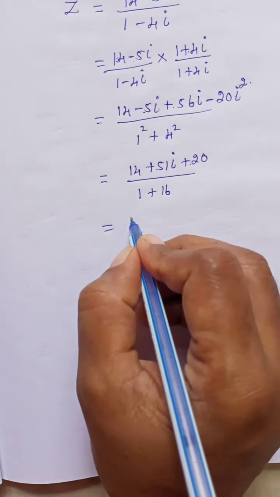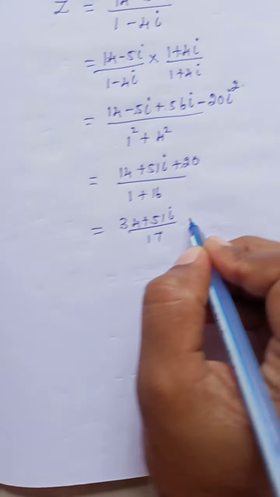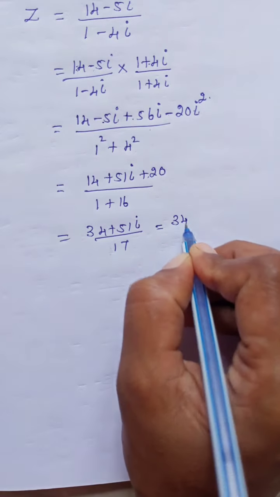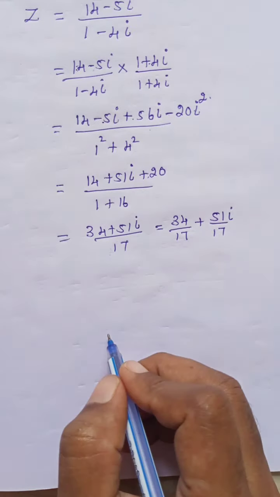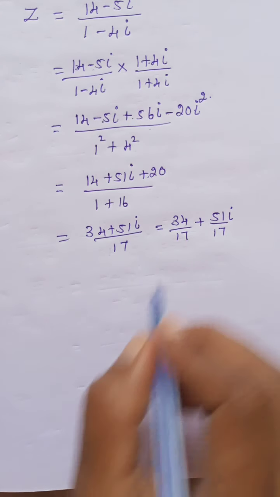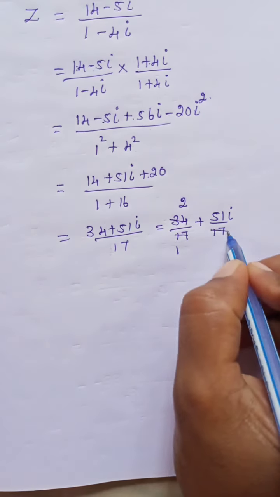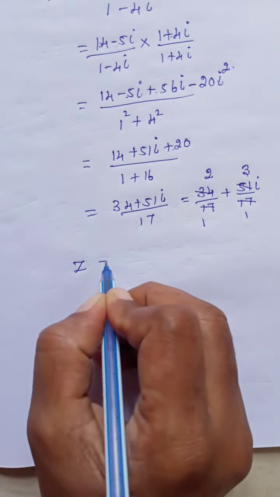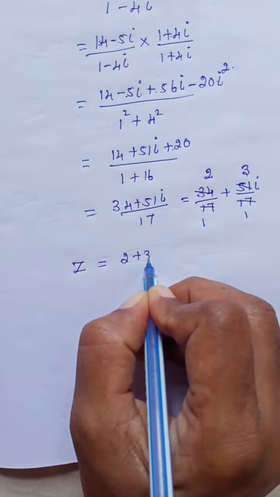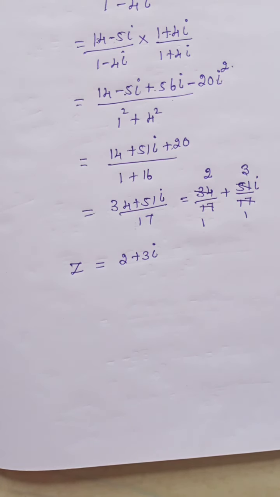So 20 plus 14, 34 plus 51i, divided by 17. Now we can separate it, isn't it? 34 by 17 plus 51i by 17. See, both are divisible, so we can divide it. 17 ones are 17, 2 17s are 34. 17 ones are 17, 3 17s are 51. So we have got z is equal to 2 plus 3i, or 2 plus i into 3. Is that clear? Simple problems only, isn't it?